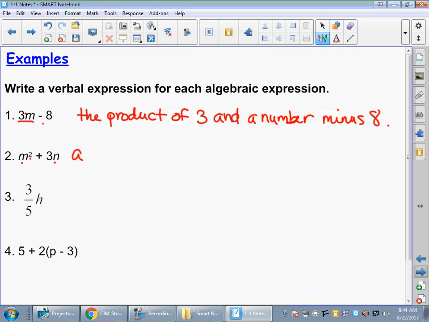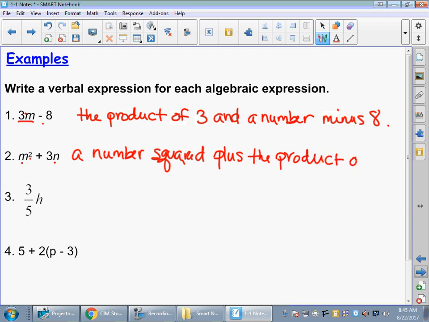So I'm going to say a number squared plus the product of 3 and another number, or a different number, just trying to signify that I'm not multiplying m by 3, I'm multiplying n by 3.